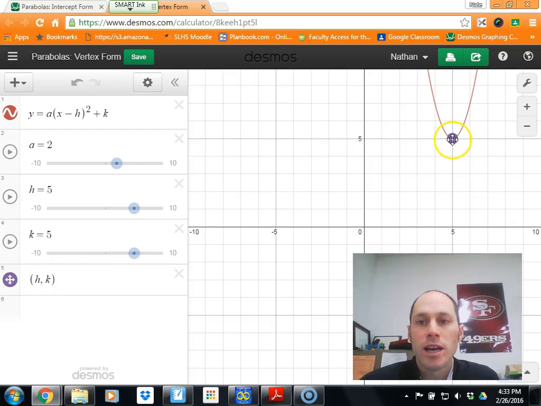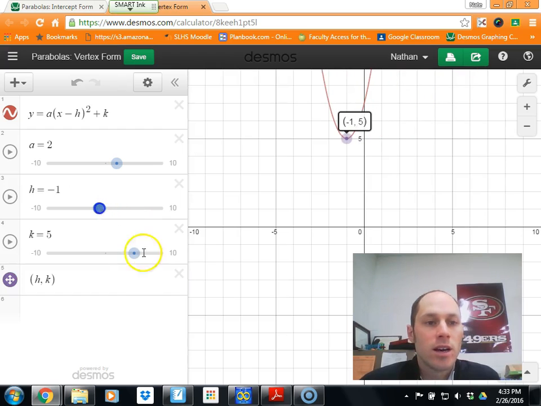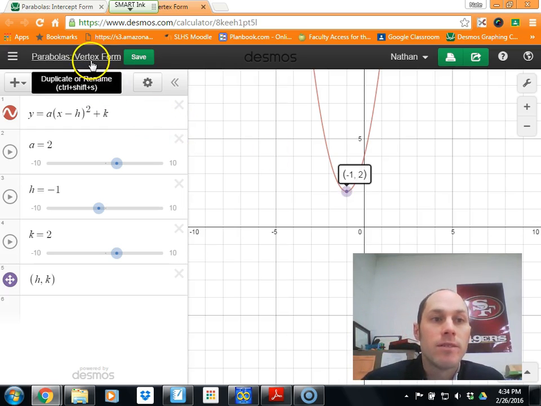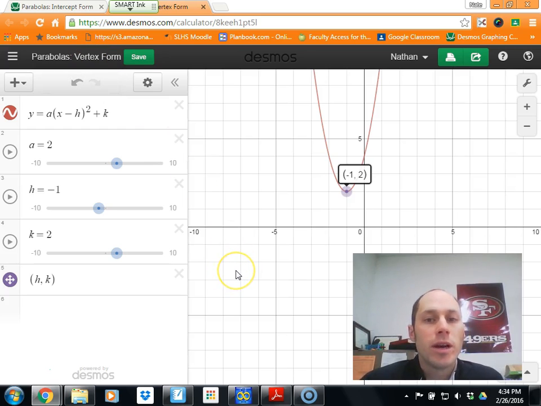Let's say my h is 5 and my k is 5. Notice that point is highlighted right here. So h and k are the coordinates for our vertex. If h is negative 1 and k is 2, I know my vertex is negative 1, 2. So it's a way that we can find that vertex very quickly and easily, just based off of what we have.